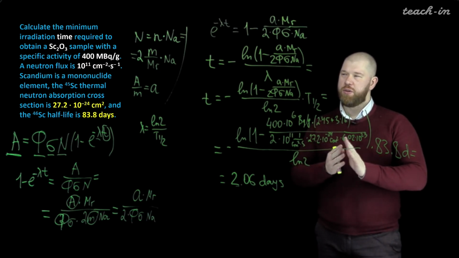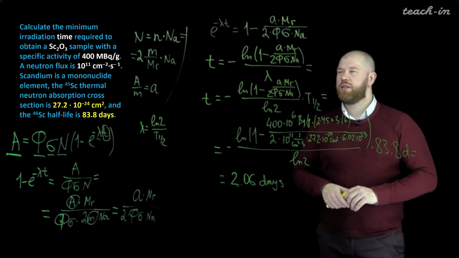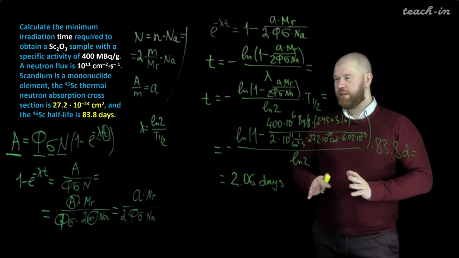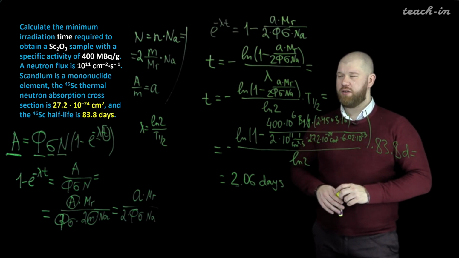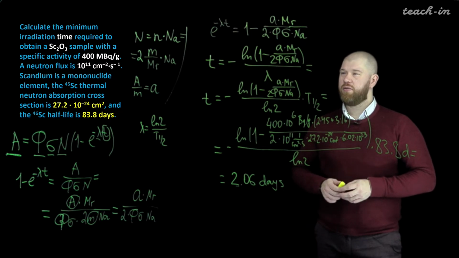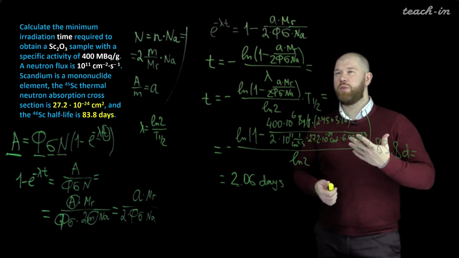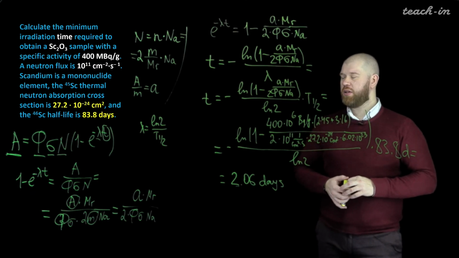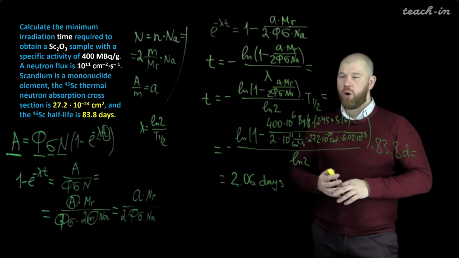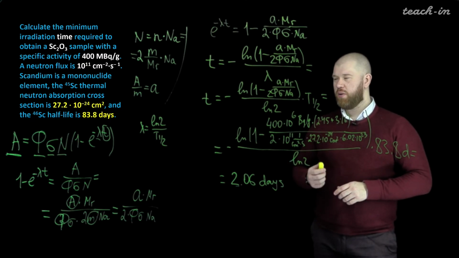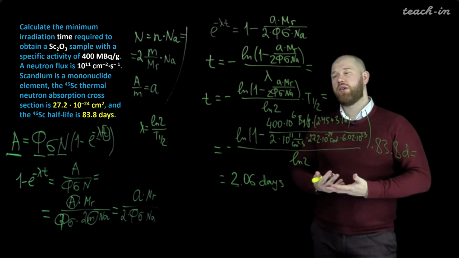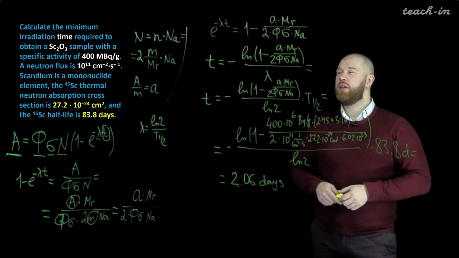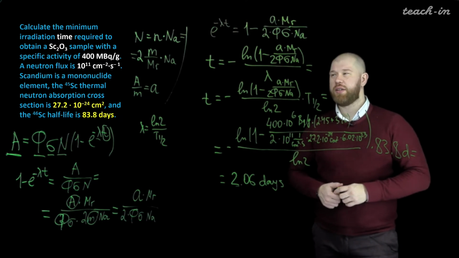But it will depend on the geometry of our sample, on the geometry of the flux of neutrons, etc. So it is a simplified case, but it is quite illustrative of how we can calculate which parameters will affect the activity of our activated sample. Also, it is a way to produce radionuclides for nuclear medicine, for example, or for research studies, etc.